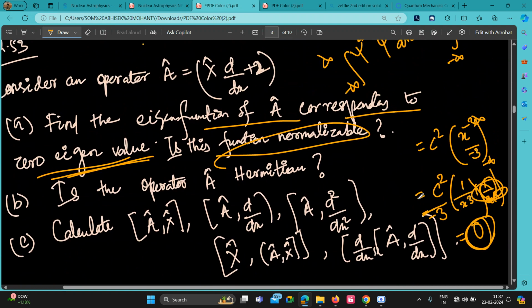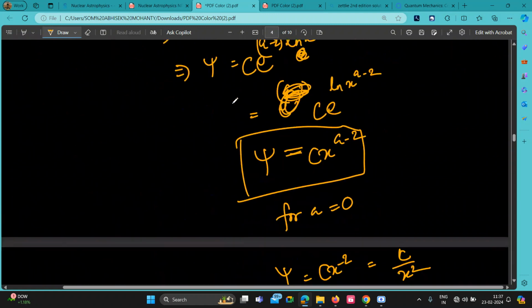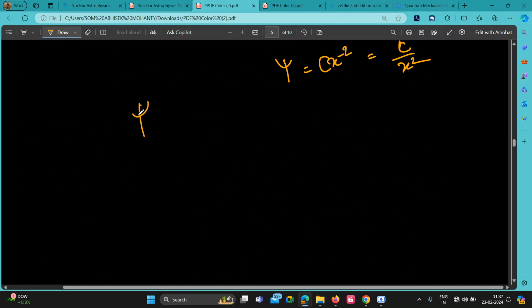Next question: is the operator A Hermitian? Check whether the operator is Hermitian or not. First of all, what is your psi? Psi is c x to the power a minus 2.